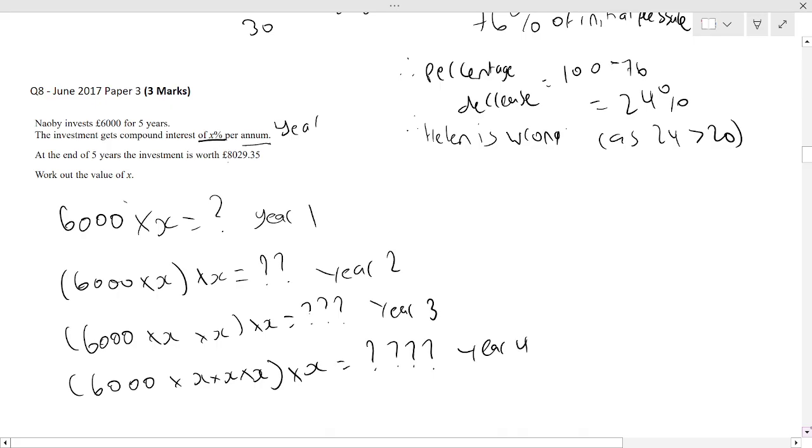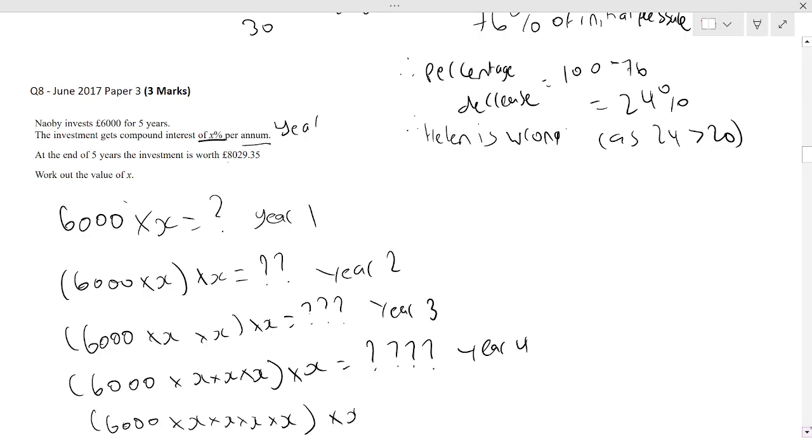And then for year 5, we're doing it again. So 6,000 times x times x times x times x, and then we times it by x, and all of this again is being increased by x%. Actually, we do know what this is because this is year 5.